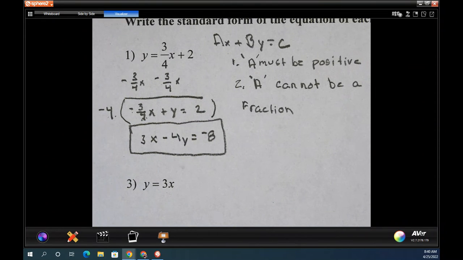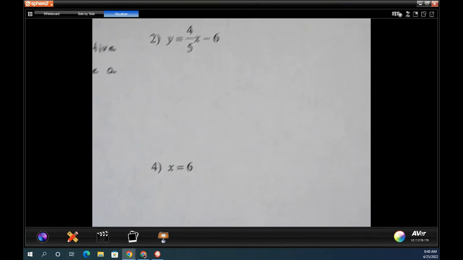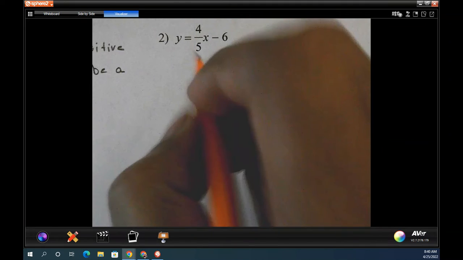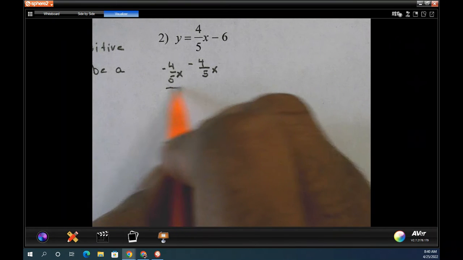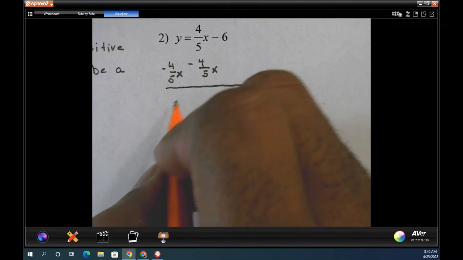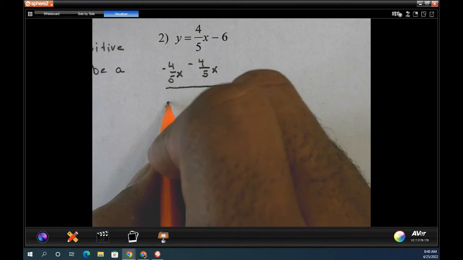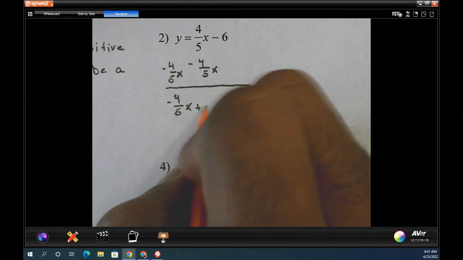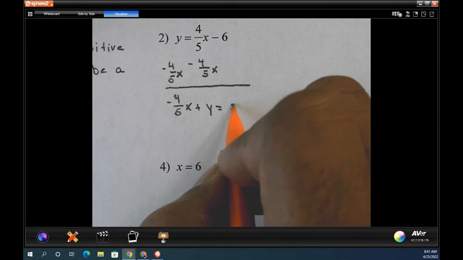All right, let's look at number 2. Here we go. 4/5 x minus 6. We're just going to subtract 4/5 x from both sides. So that gives us negative 4/5 x plus y is equal to negative 6.